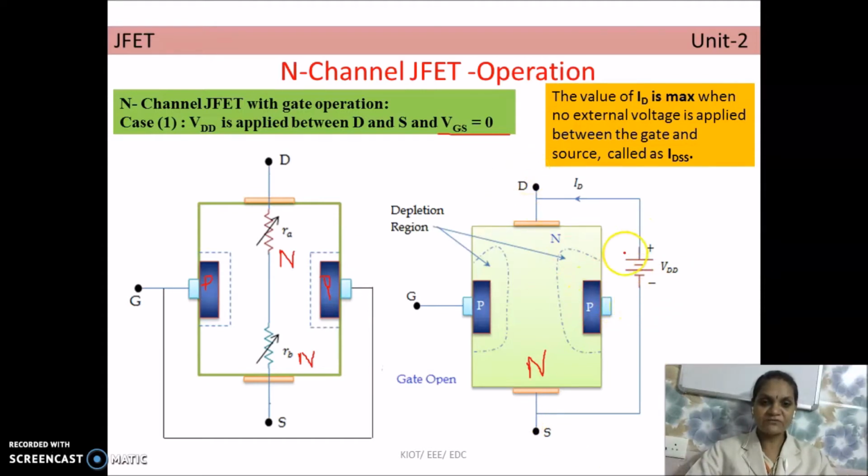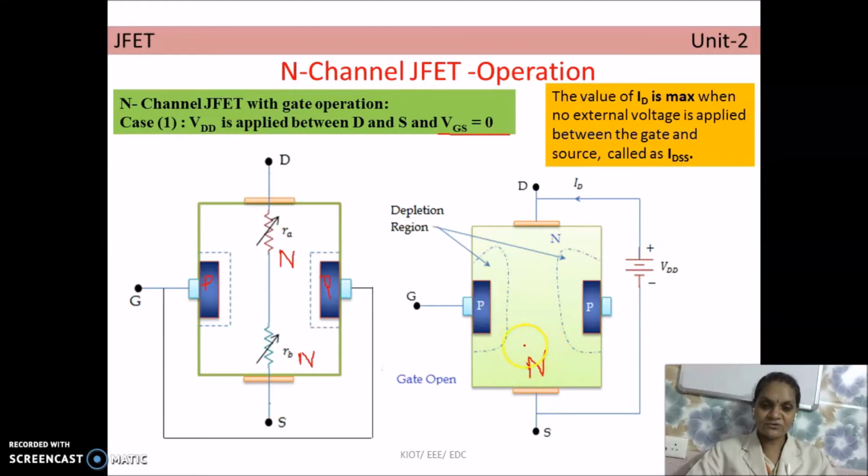Now we will see what happens when this VDD is applied. Since the source is in forward bias, the majority carriers, electrons, at the negative terminal will experience repulsion. And the majority carriers, electrons, are attracted towards the opposite terminal of the battery, the positive.